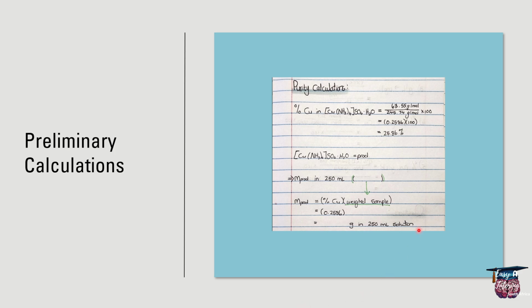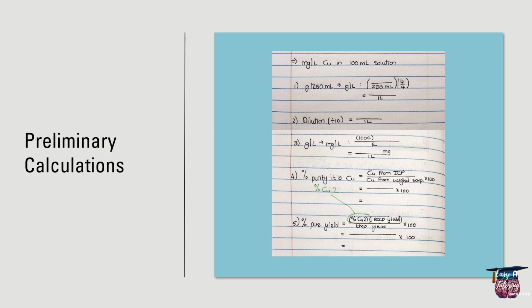So for example, we weighed off a specific amount that we dissolved in 250 milliliters of molecule water, so we can go and calculate what the mass in grams is of the copper in the 250 milliliter solution, and then we move forward with the next steps. So that is why I find it very useful to have these backbones, these skeletons of the equations already written down.